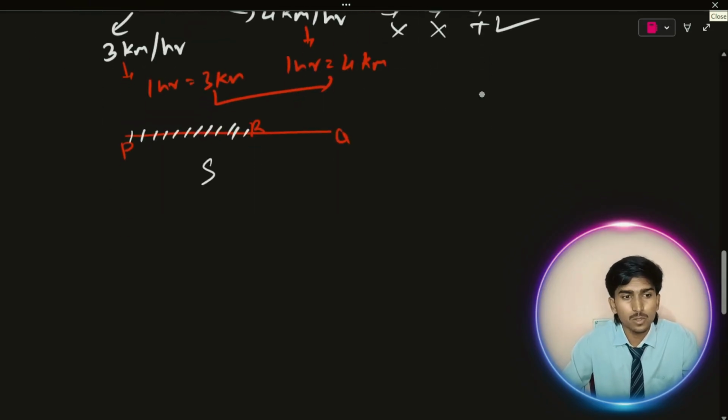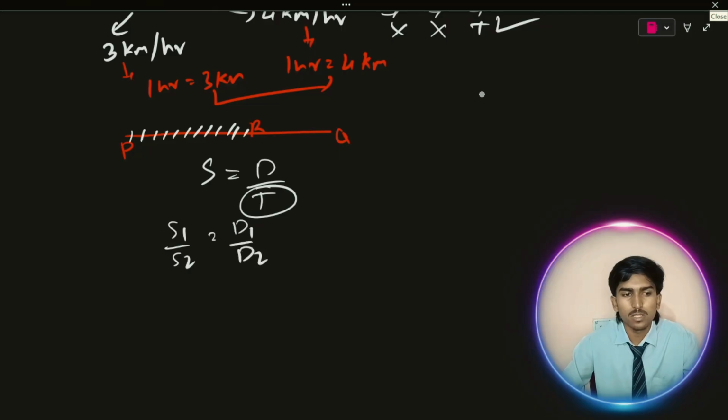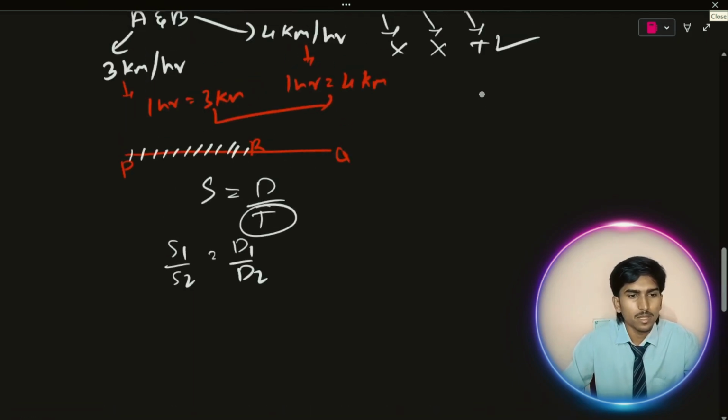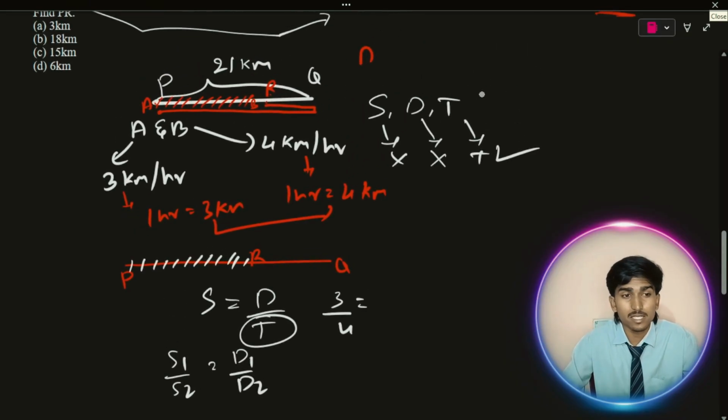So I already told you, when time is constant, what is the formula? Speed 1 by speed 2 equals distance 1 by distance 2. And what is speed 1? 3 km. Just apply that. Let's apply here only: 3 km by 4 km. What is the distance d1, that is A's distance, how much it traveled?